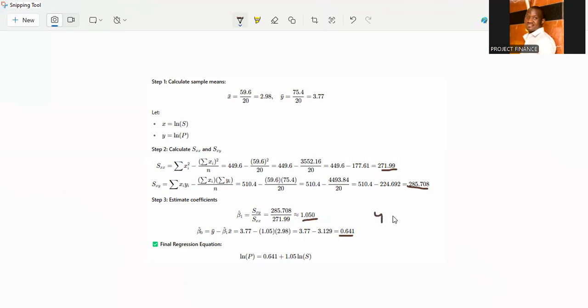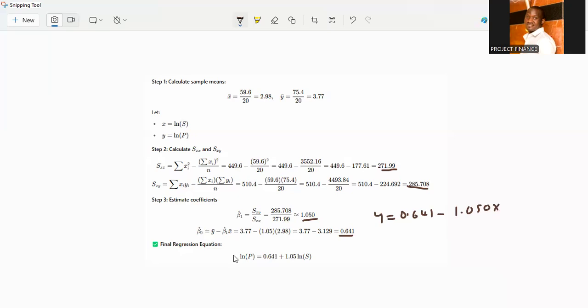So meaning the regression equation will therefore be equal to b0, which is 0.641, plus 1.050 x. So this is our regression equation.